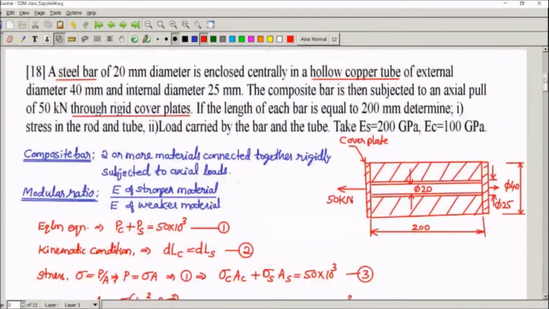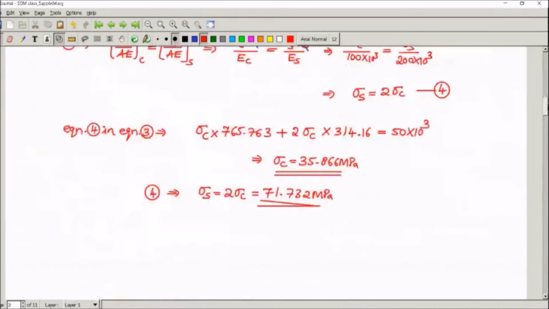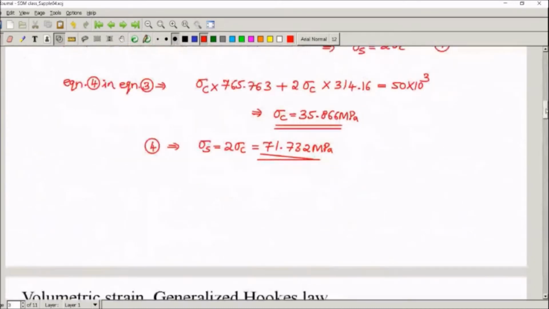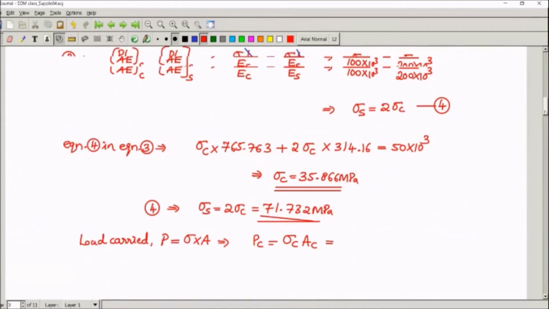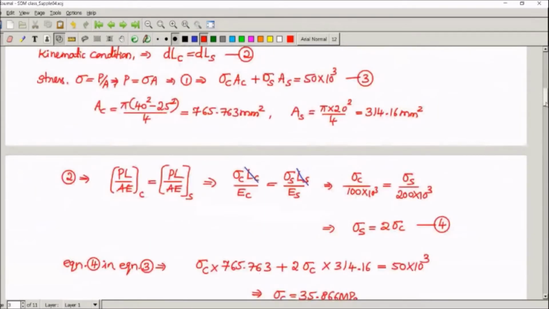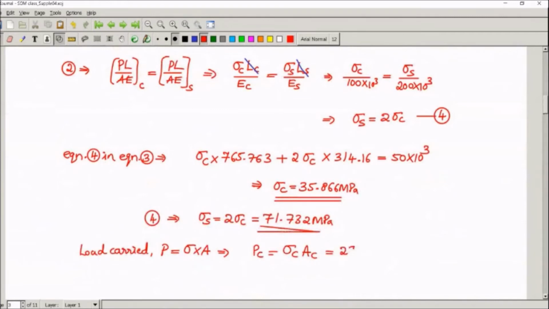The first question, the stress in the rod and the tube, we have found. Now we have to calculate the load carried by the bar and the tube. From stress, how to find the load, that you know. Load carried P is equal to stress into area. PC is equal to sigma C into AC. Sigma C is 35.866 and AC is 765.763. You will get 27.465 kilonewton.